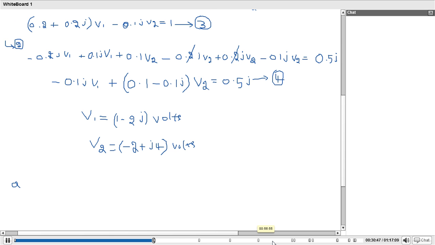Suppose a plus jb is given in rectangular coordinates. A plus jb is nothing but rectangular coordinates. So how to convert it into polar?